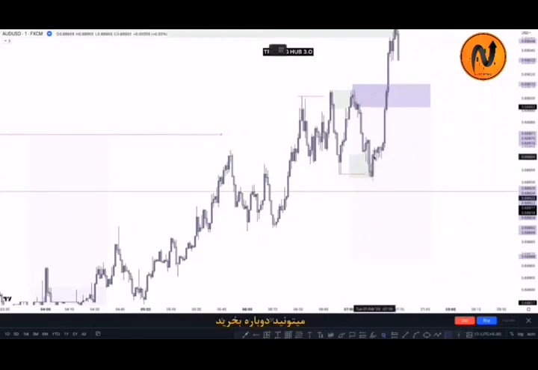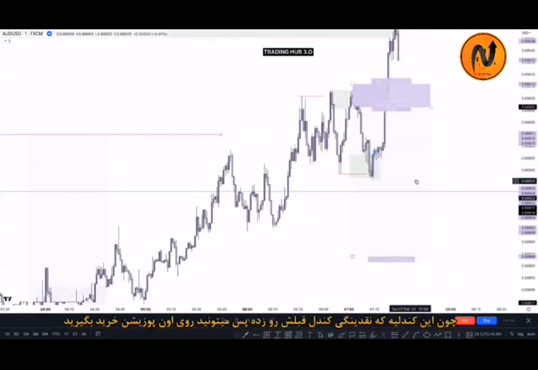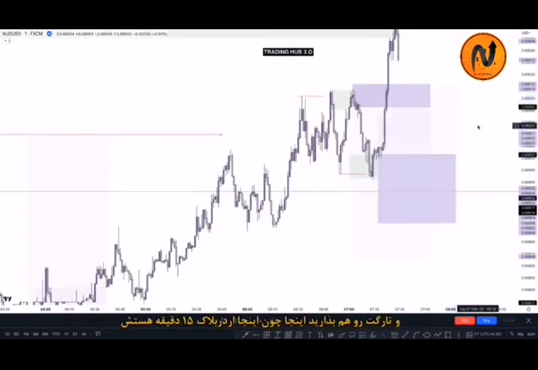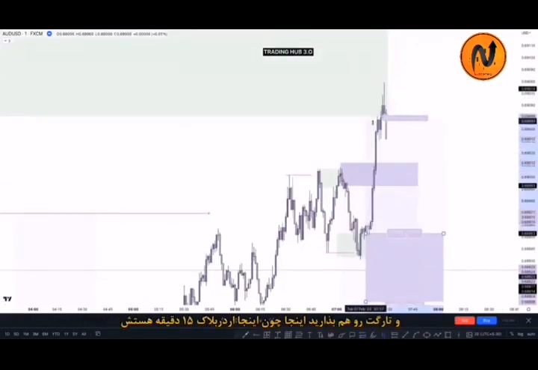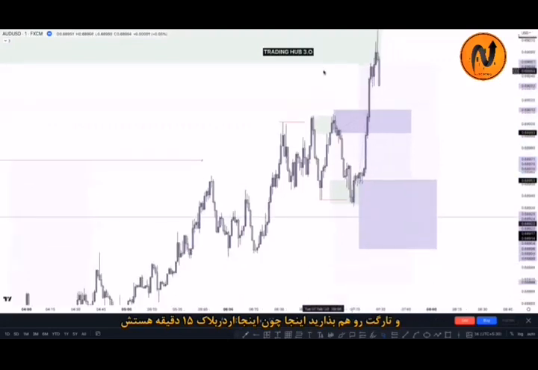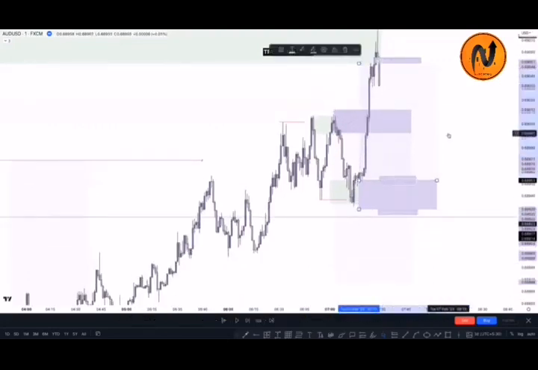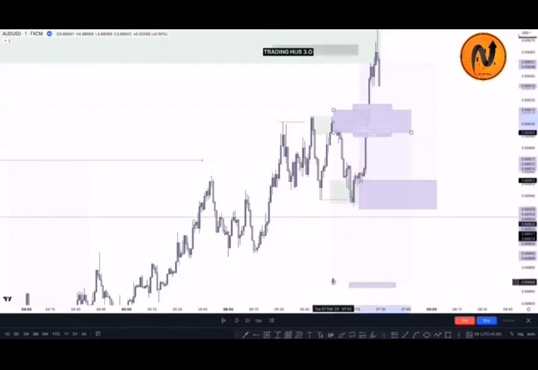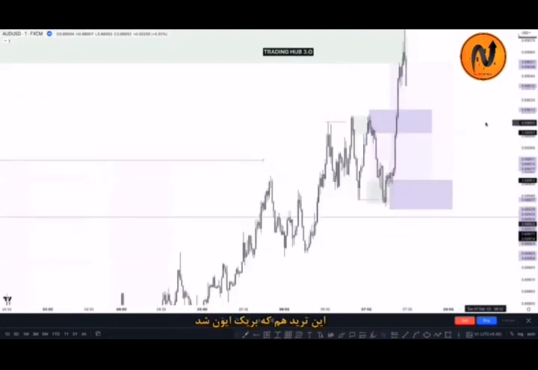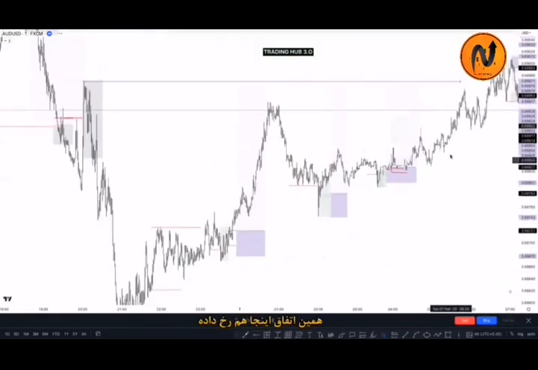You can buy here again, this one, because this is an actual candle which took out the previous candle liquidity. So simply, again you can buy here, but you have to put the target here, because this is our 15-minute order block, right? And this trade closes on a break-even point. The same process happens here.